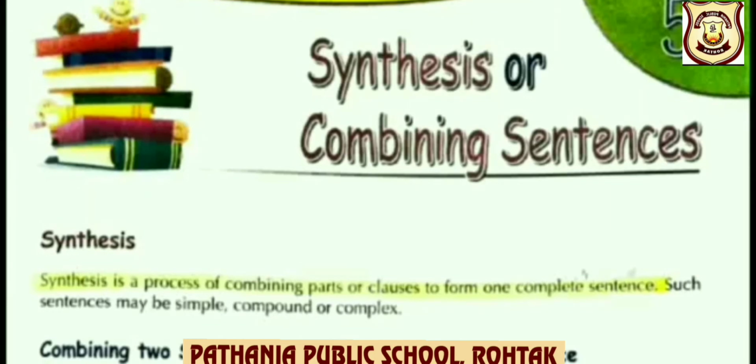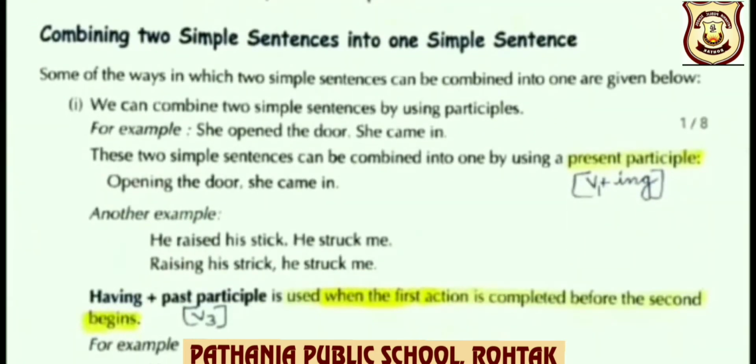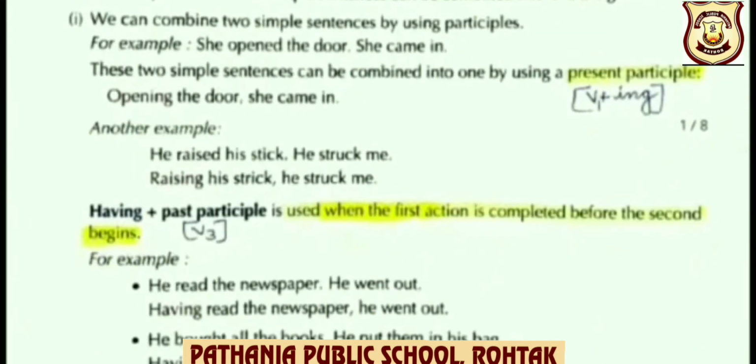Now let us understand how can we combine two simple sentences into one simple sentence. We can combine two simple sentences by using participles. For example, she opened the door, she came in.